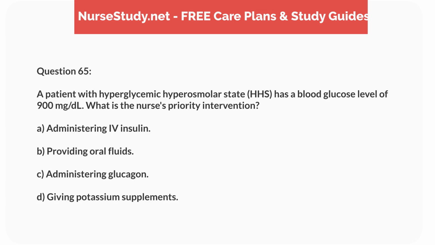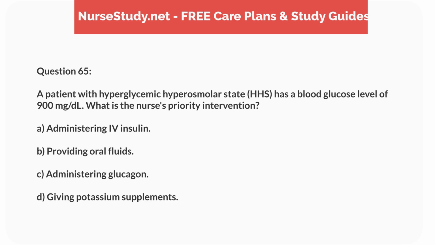Question 65. A patient with hyperglycemic hyperosmolar state, HHS, has a blood glucose level of 900 mg per deciliter. What is the nurse's priority intervention? A. Administering IV insulin. B. Providing oral fluids. C. Administering glucagon.